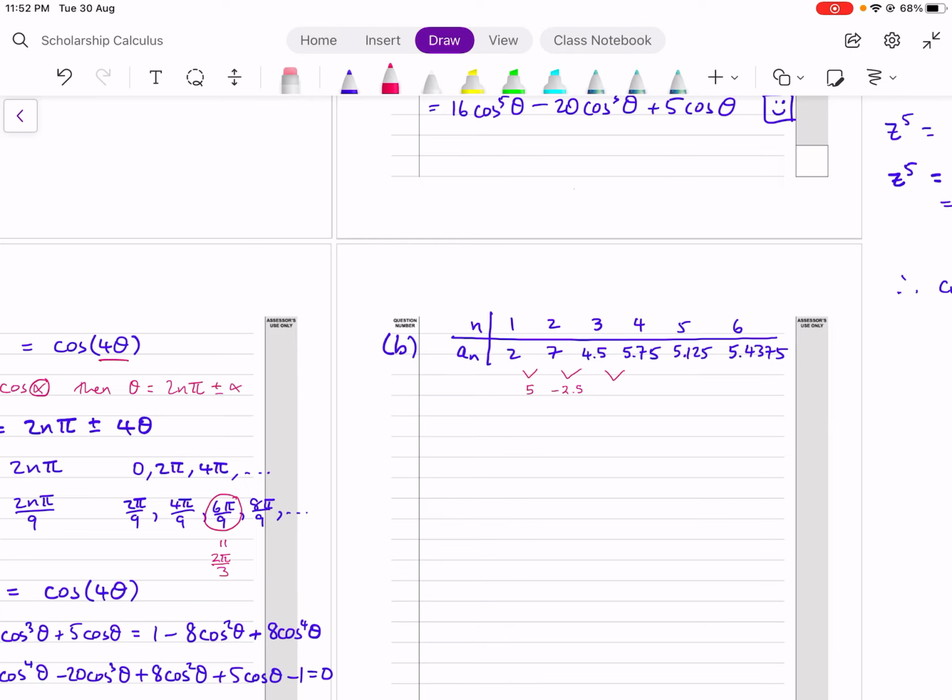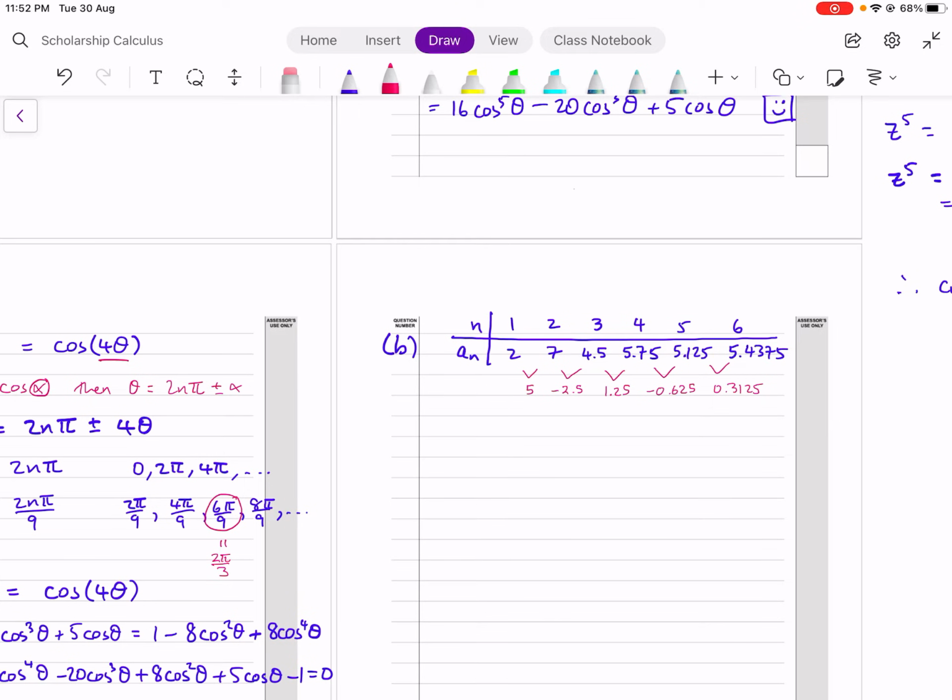Difference of 1.25. Difference of minus 0.625. Difference of positive 0.3125. Okay, so the differences are actually halving, and then they've got this alternating factor of plus minus.